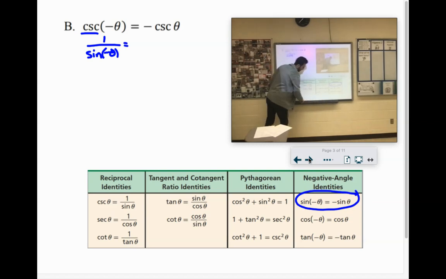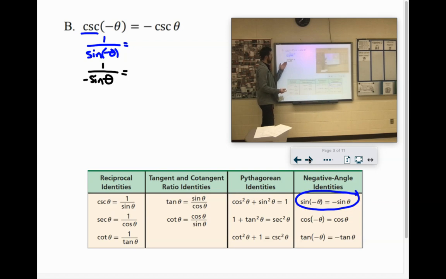And then we could say, oh, snizzap, we could kick the negative out in front, so it'd be 1 over negative sine of theta. And then if we bring the negative to the front and we have a negative denominator, then the whole fraction is negative, right? So it's the negative version of 1 over the sine of theta.